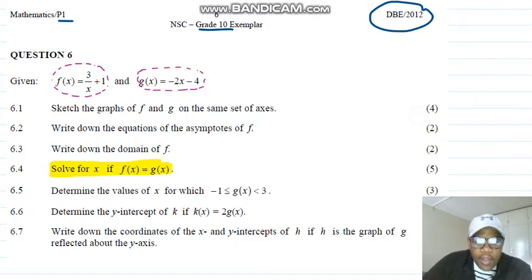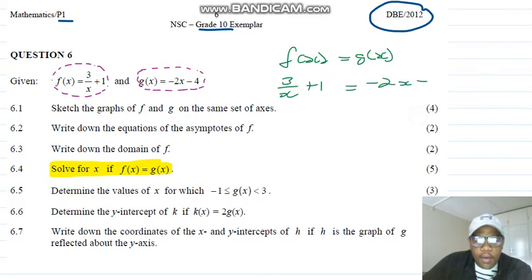So when they say solve for x, if these functions are equal, you're just going to say f of x is equal to g of x, and you would substitute the equation here like that, then substitute the other one, and basically solve for x.